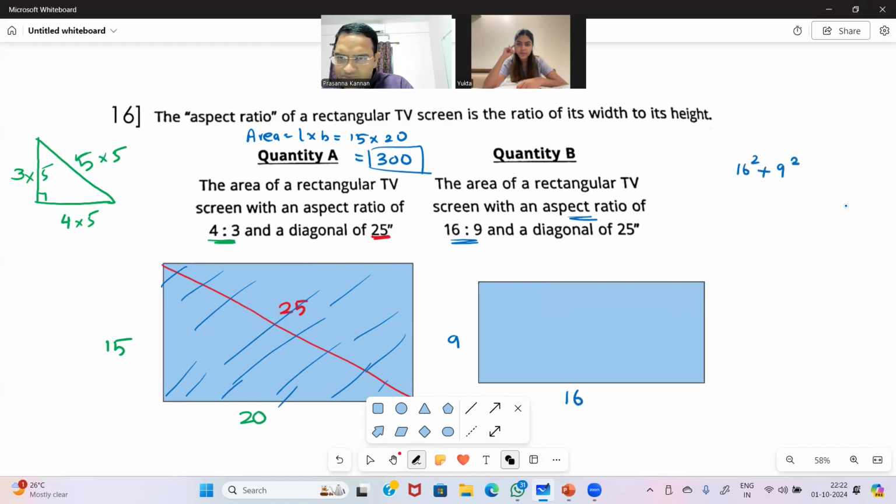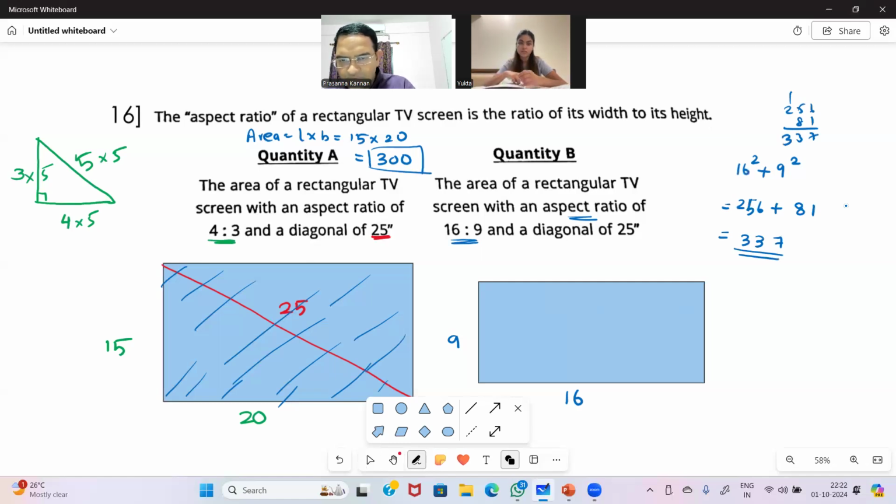Now 16 square plus 9 square, if I do, that's 256 plus 81. How much would that be? 337. Correct?